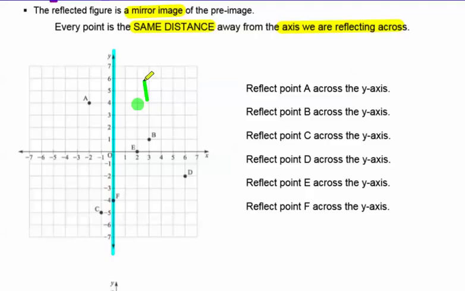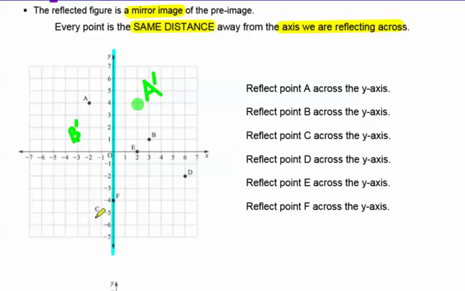Next, let's go ahead and do B. Well, B is on this side, so it's going to get moved over there. B is 1, 2, 3 away, so on the other side, on the same level, it's going to be 1, 2, 3 away. And we're going to call that B prime.